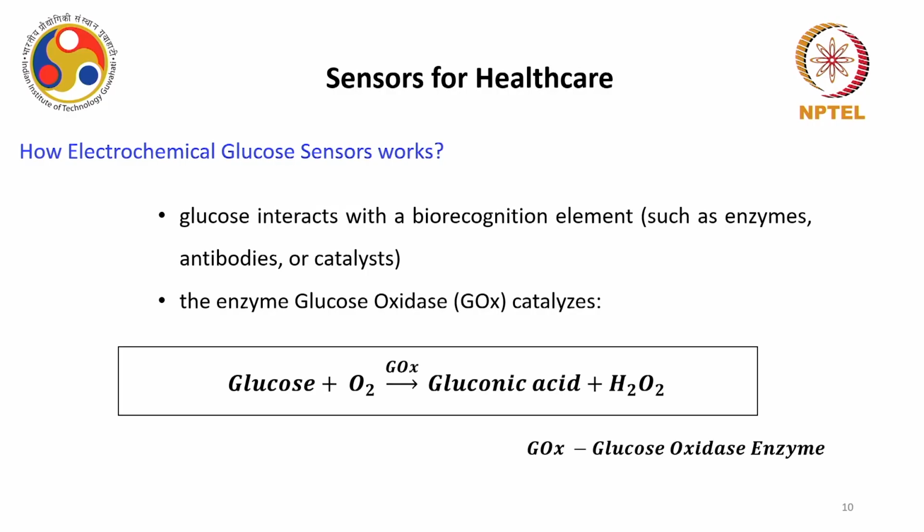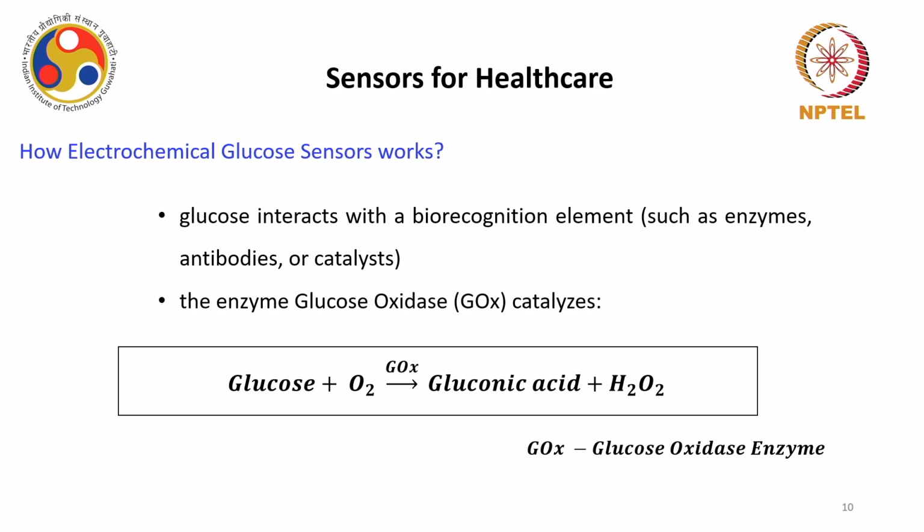The glucose interacts with the biorecognition element. This can be enzymes or antibodies, and if both are absent, we have catalytic materials, catalytic nanoparticles, or simply a catalyst placed on the working electrode with which the glucose molecules interact.